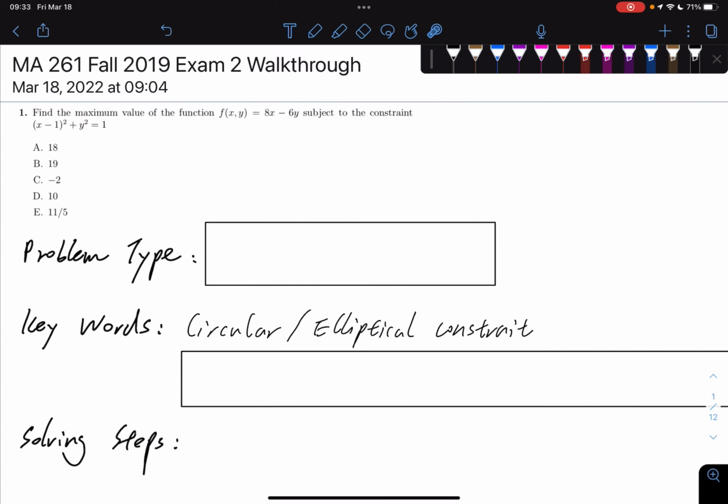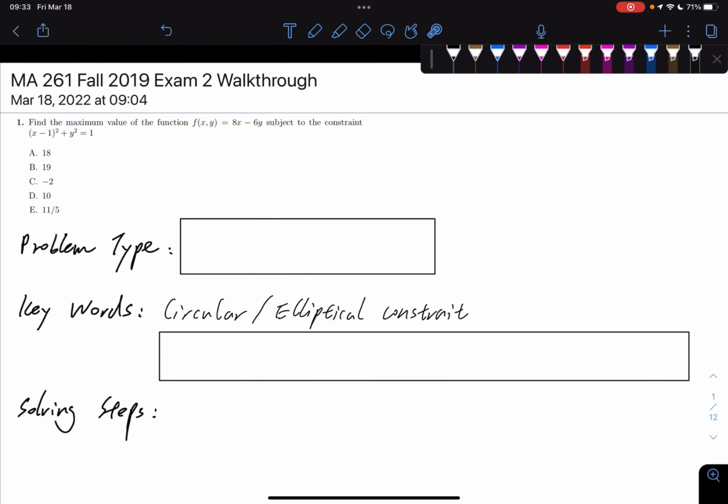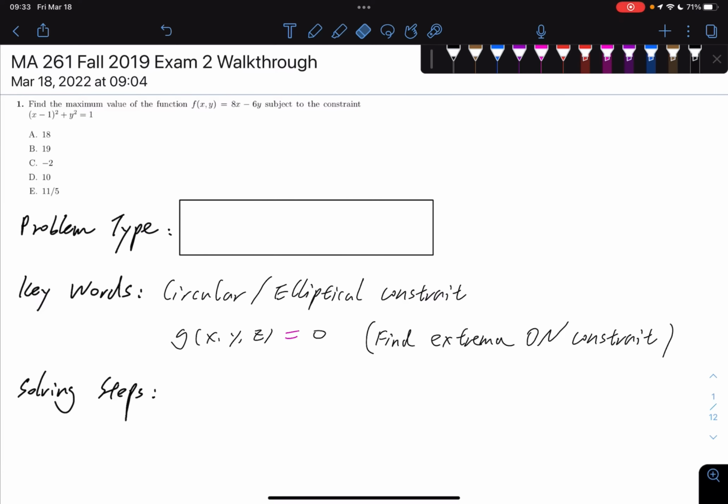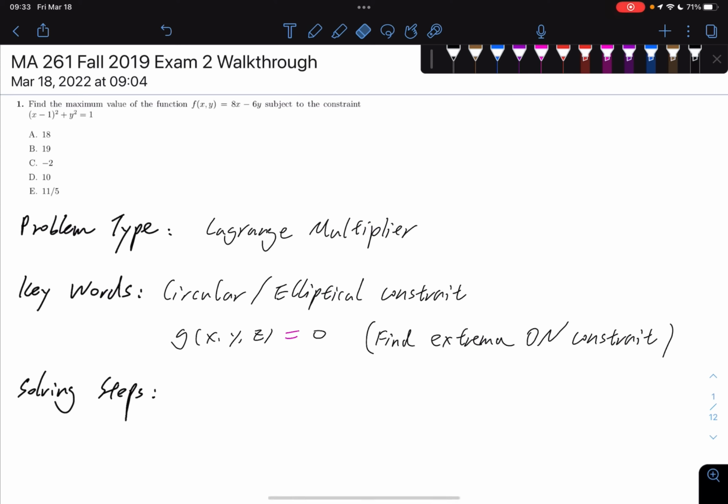We can only use the Lagrange multiplier to find extrema on the constraint, and we can only use it on a circular or elliptical constraint. So these two keywords tell me that this is a Lagrange multiplier problem.